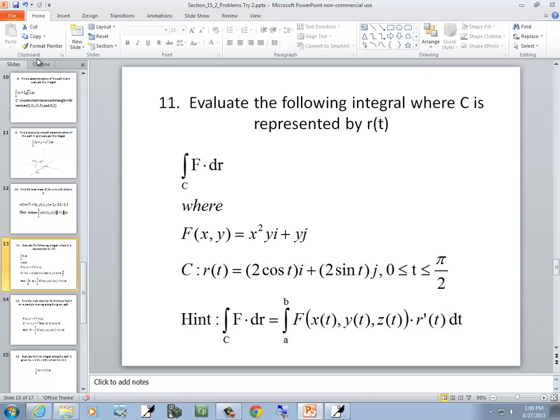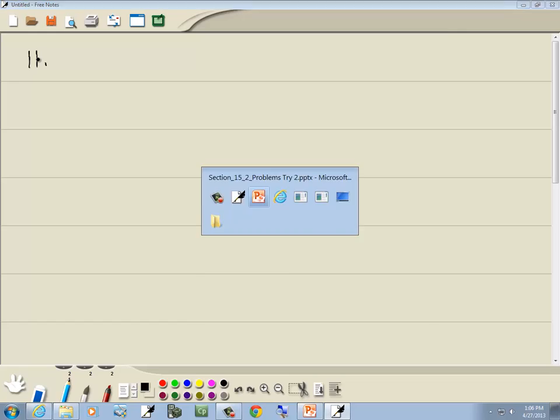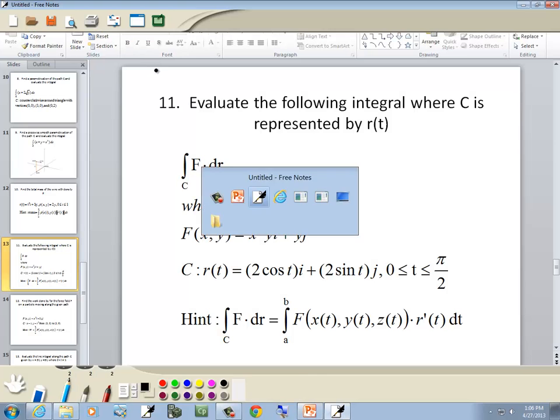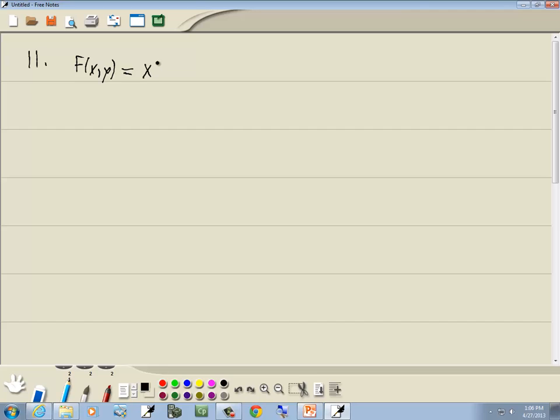Okay. So number 11. We got F of x, y is equal to x squared y i plus y j.